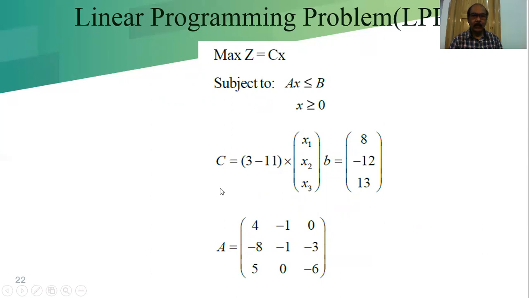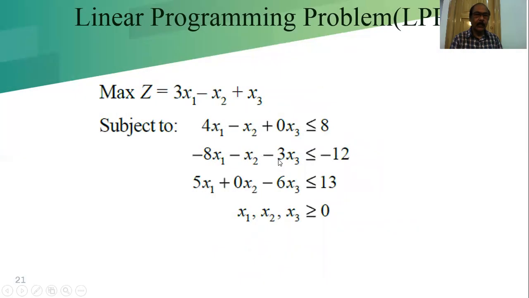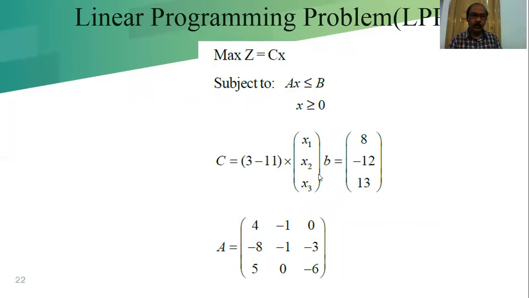This is the conversion procedure it is showing, but we are not interested in this way. See, this is our b, this is our x, and this is 3, -1, 1, in the c function. 3, -1 and 1, that is the coefficient of the objective function.